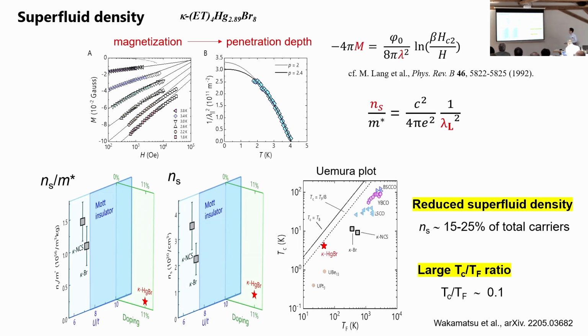Another interesting point is the ratio of TC and the Fermi temperature. The nominal Fermi temperature estimated from the penetration depth is at 0.1. It's very high, orders of magnitude larger than the BCS framework. And this mercury compound, the present system, is located here.